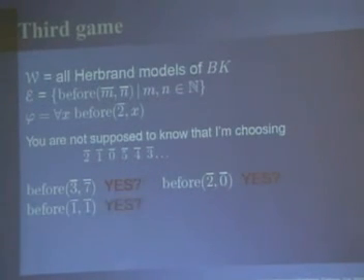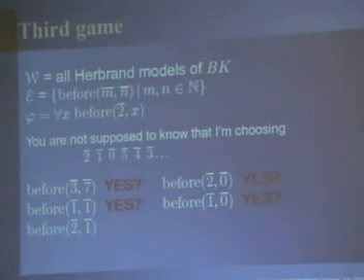Okay? And then I get 1 is before 0. So I had assumed that 1 was the maximal element, but it is before 0. So my assumption is wrong. So what do I do now?